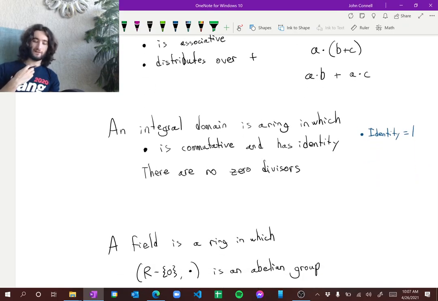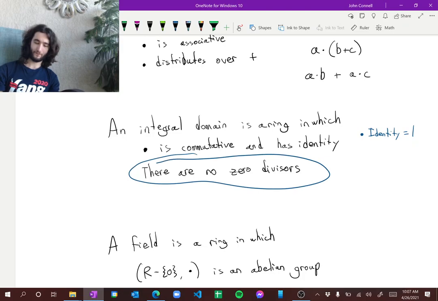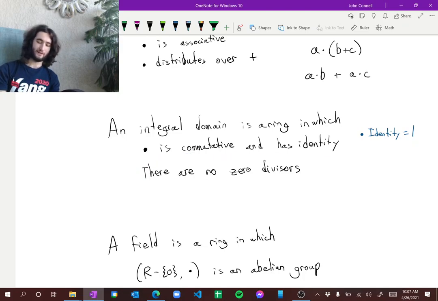An integral domain is a ring in which the second operation's got to be a little bit better now. It's got to be commutative and also have an identity. And then this is kind of the important one: there are no 0 divisors. So what is a 0 divisor?